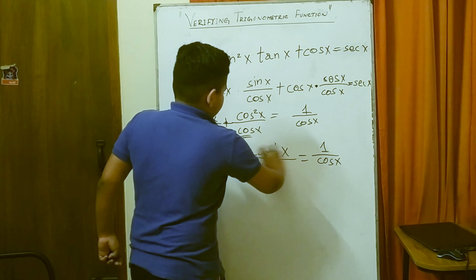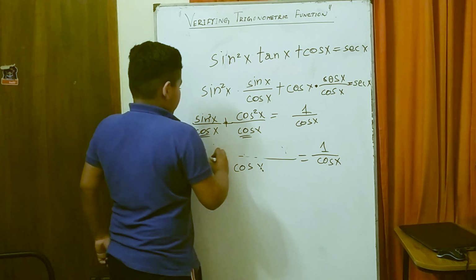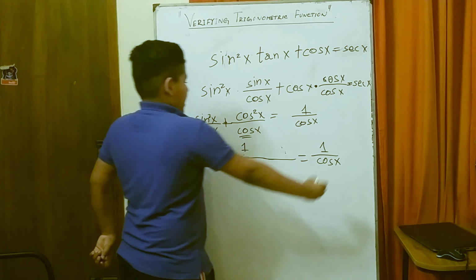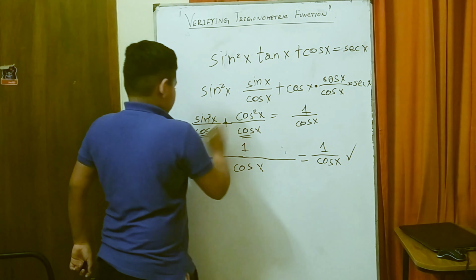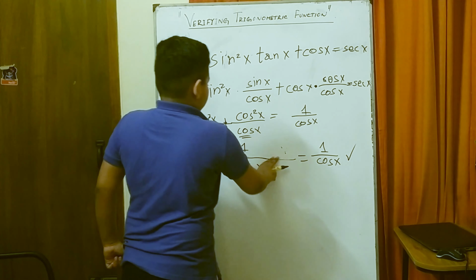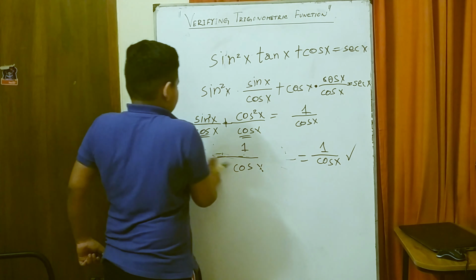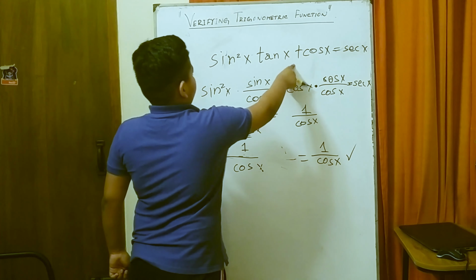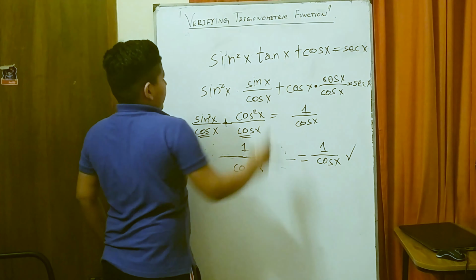So we can cut all this large thing up and just give 1. And now we have a very easy expression for this. So this is a verified trigonometric identity.